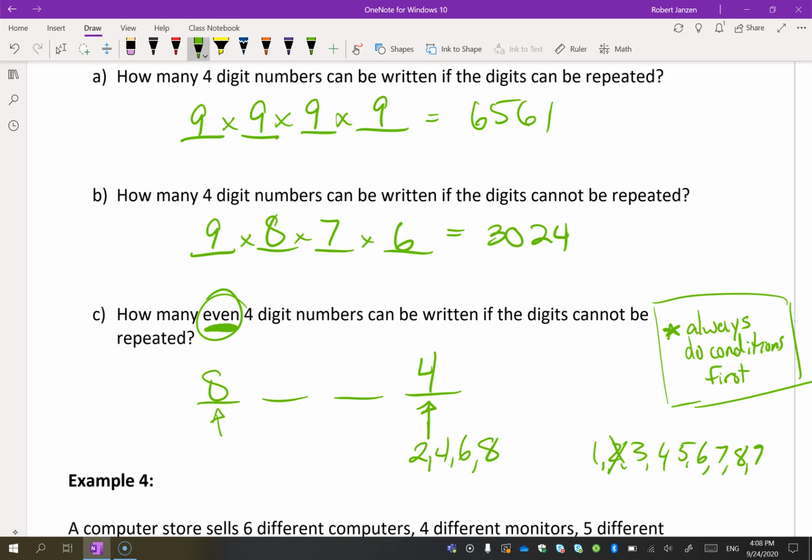I don't know which one, but I know it's one of these 4. Okay, and then if I use one more digit, say it's a 5, then I have 7 left here and then 6 left here. Okay, so 8 times 7 times 6 times 5. This is 1,680.